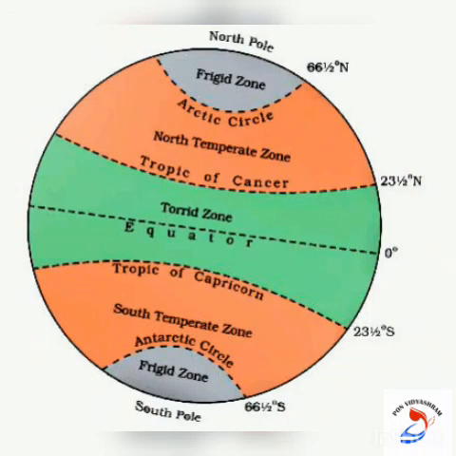The Frigid Zone is beyond the Arctic Circle and the Antarctic Circle. So the North Pole, above the Arctic Circle, and the South Pole, which is below the Antarctic Circle, are mentioned as frigid zones.